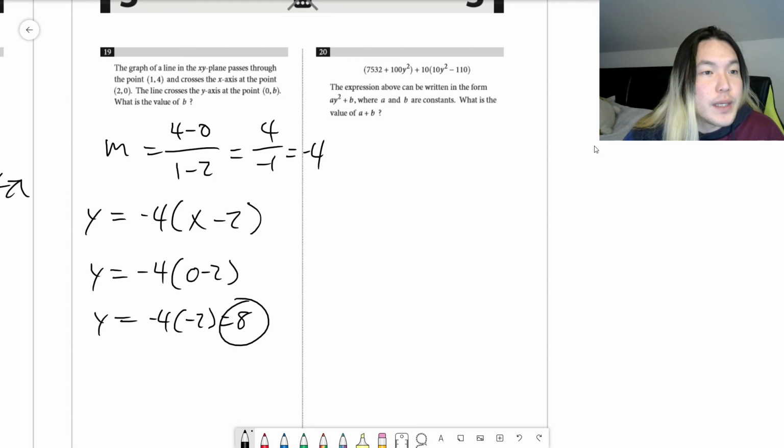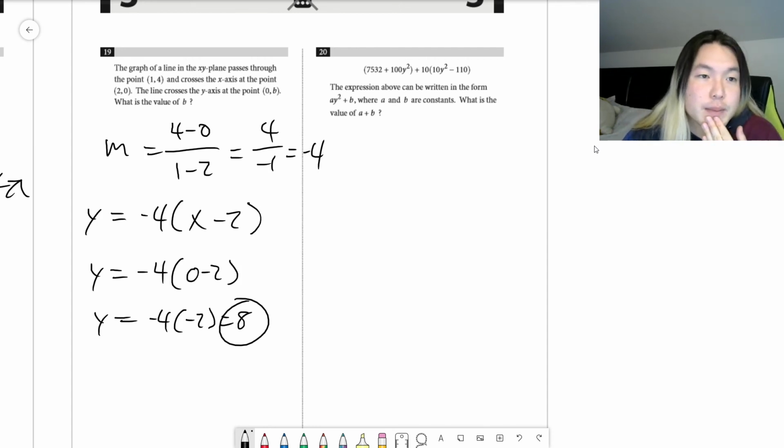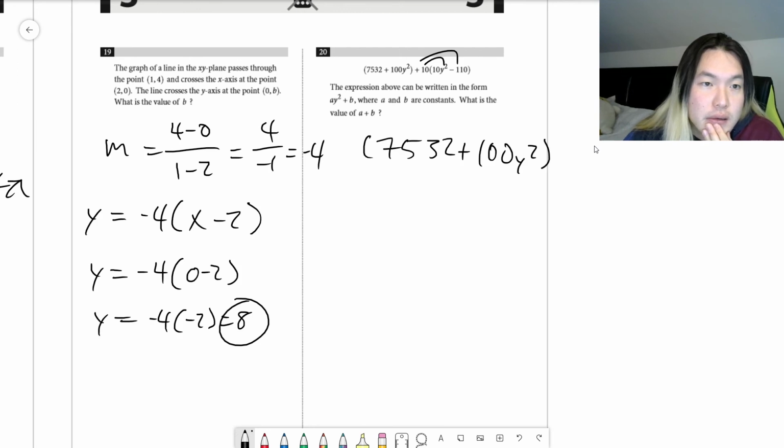Okay, so number 20. We have this, and it can be written as ay squared plus b. What is a plus b? Okay, so they want us to simplify this. Let's start by distributing the 10 in the back. 10 times 10 is 100.